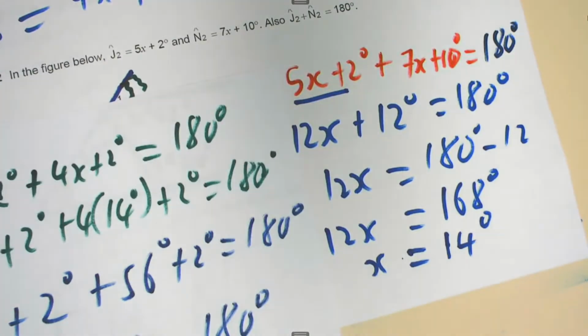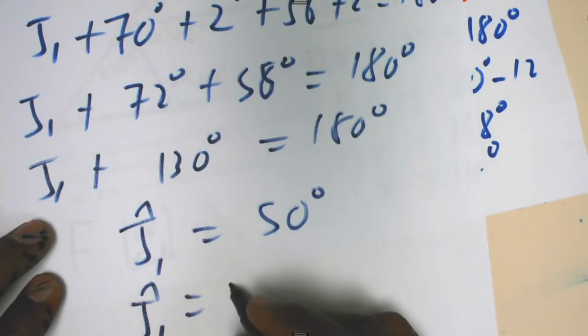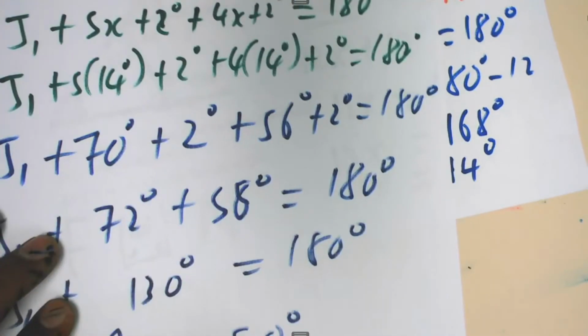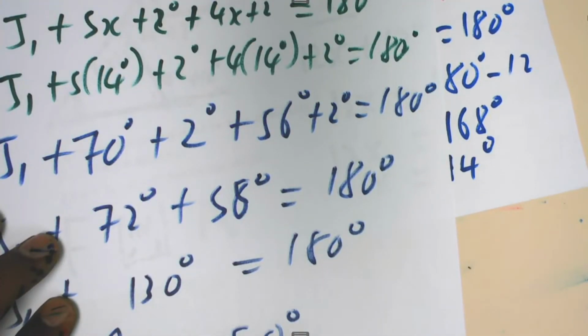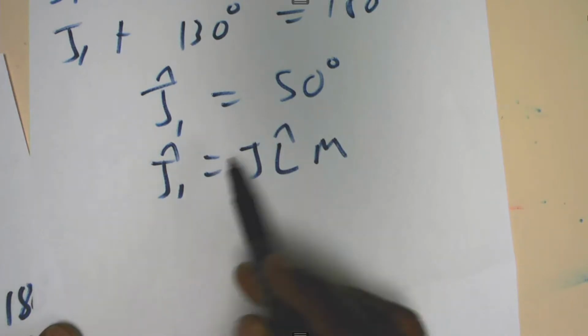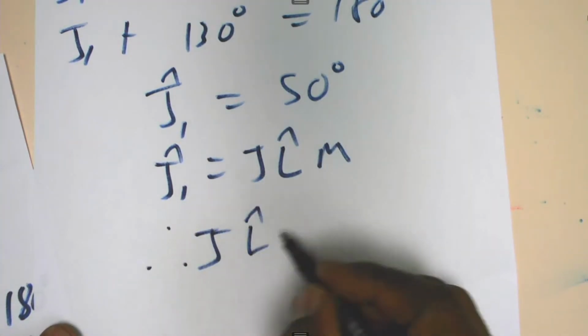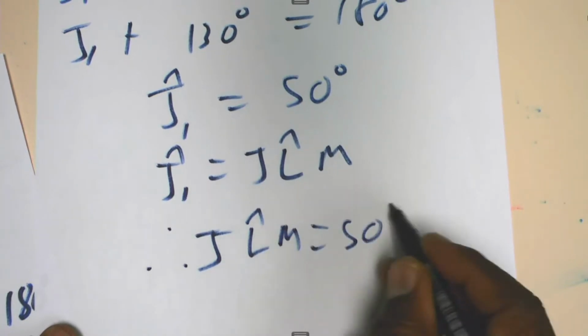So J1 is equal to JLM because they are corresponding. Therefore, JLM is also equal to 50.